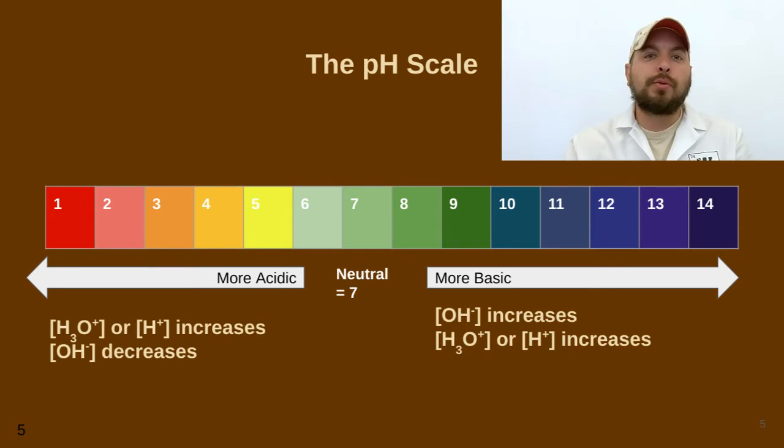However, 7 is only neutral when the pH is being measured of a solution at 25 Celsius. But right now, understand that most scenarios that we are going to be dealing with consider a solution that is 25 Celsius. When you're at a pH of 7, it's considered neutral because the concentrations of H+ and OH- are equal.